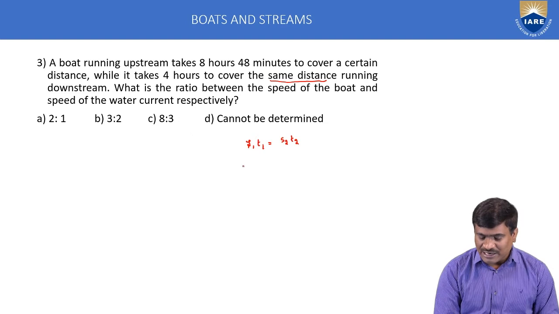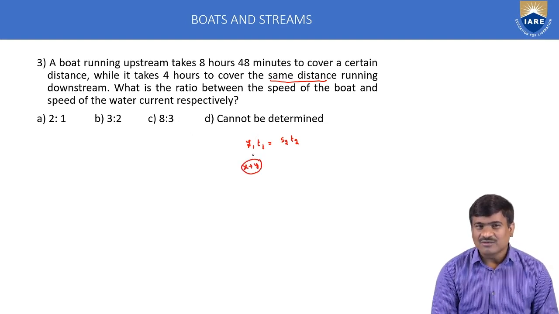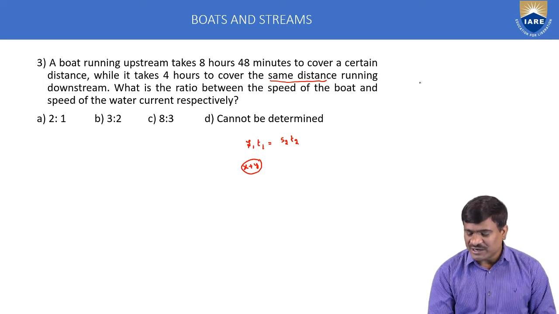Here S1 indicates the downstream speed, x plus y. Let the speed of a boat be x kilometers per hour and the speed of a stream y kilometers per hour.